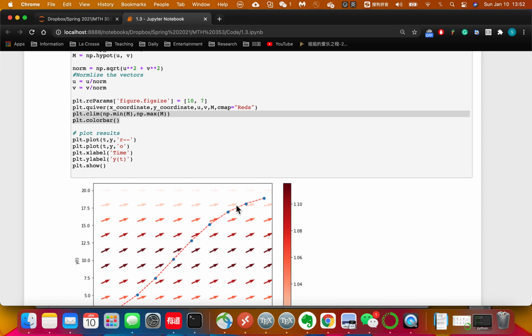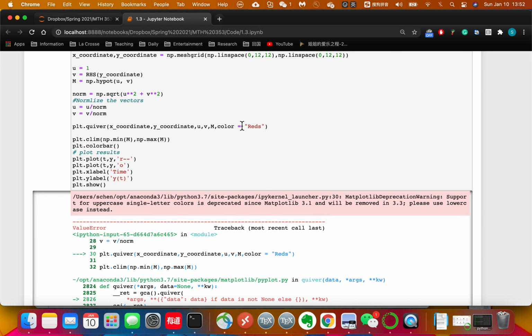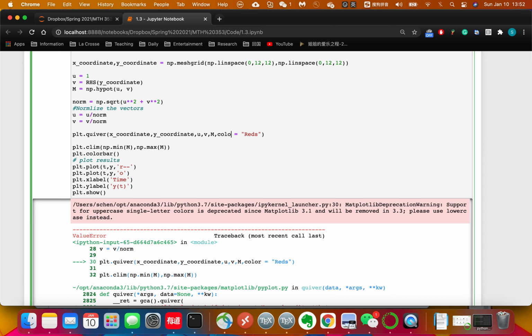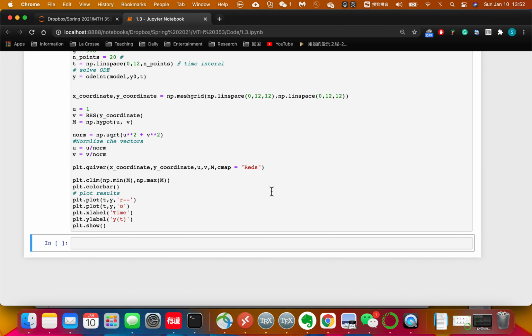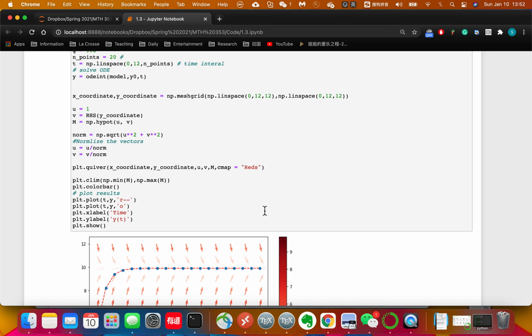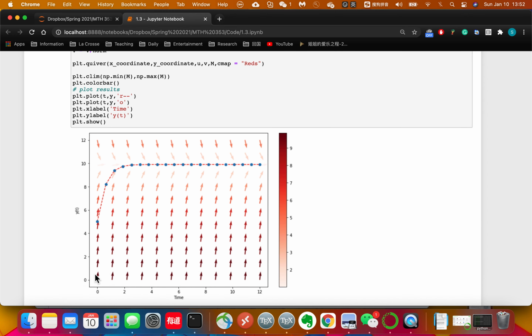Color equals red, cmap. Okay, from here you can see that at first it's actually pretty dramatic how fast your velocity is changing, but here your velocity barely changes. So if you are going to track this particle, it's going to be really quick, and then slow down, slow down, slow down.